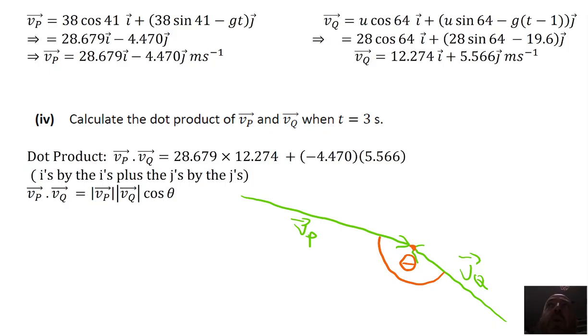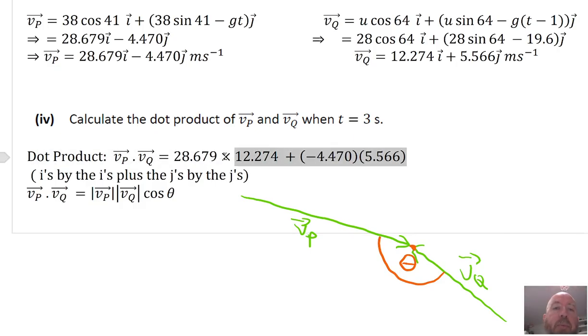So all that remains then, for part 5, I imagine, is going to be the modulus of VP and the modulus of VQ, which is just Pythagoras, and then put them equal and get cos theta, I imagine, but we're not there yet. But we are here.